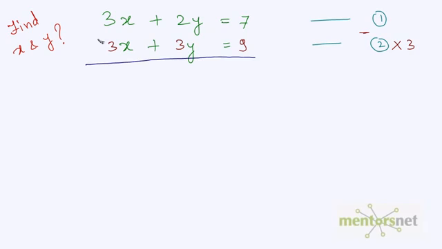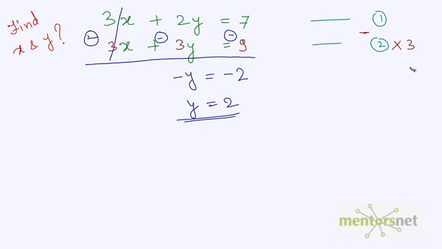So 3x minus 3x, 2y minus 3y, 7 minus 9. So 3x minus 3x gets cancelled out. 2y minus 3y gives you minus y, and 7 minus 9 gives you minus 2. So minus minus gets cancelled out, so y is equal to 2. So you have the value of y.